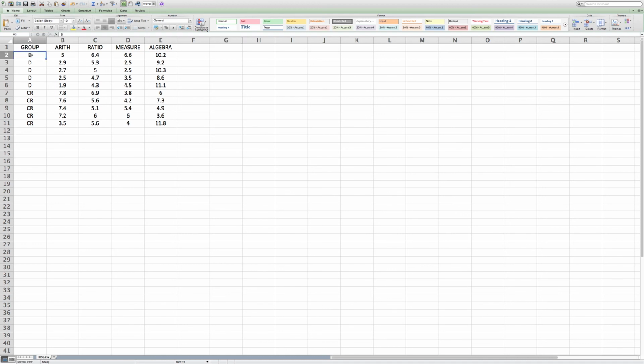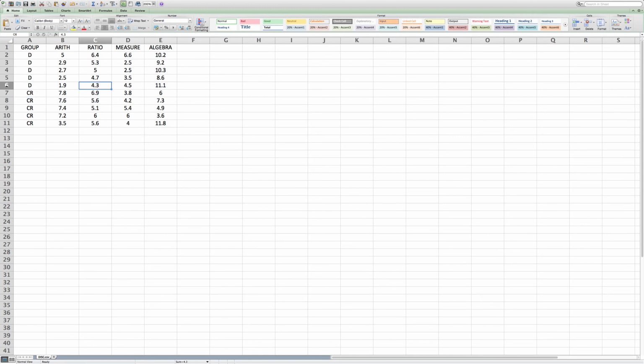The D turns out to be developmental math, and CR was college ready. And there are these arithmetic, ratio, measure, and algebra scores that were taken from a battery of cumulative measurements that was put together to come up with these particular scores.